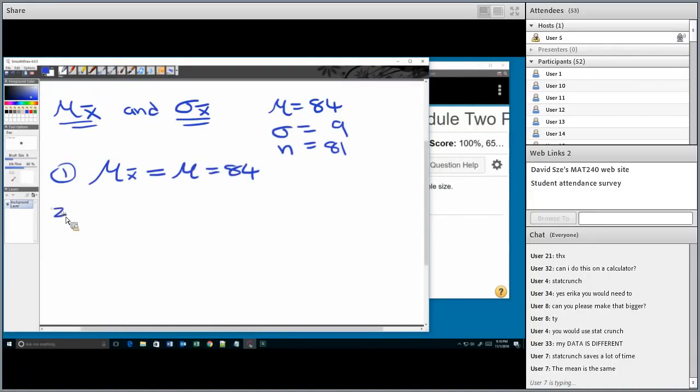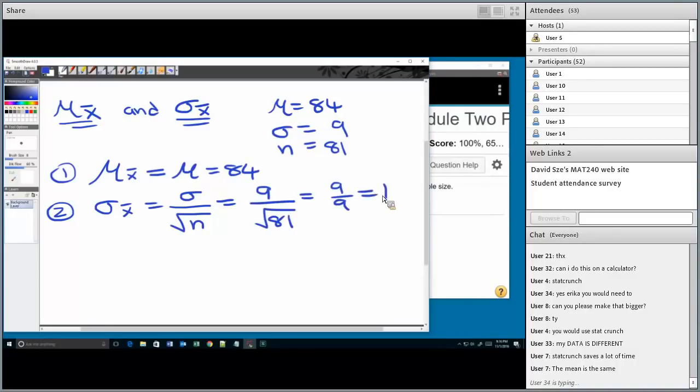The second answer, for sigma x bar, is simply you take the sigma of the population and divide it by square root of n. Remember I asked you to memorize this as well. So this equals 9 divided by square root of 81, which is 9 over 9, and that equals 1.